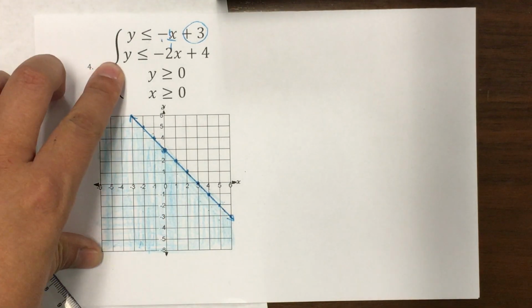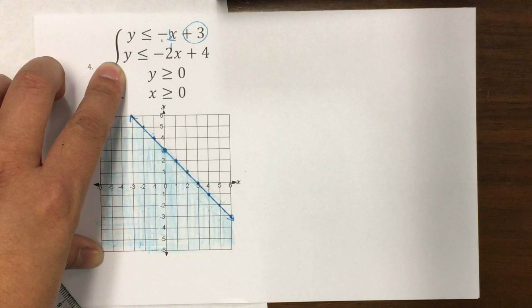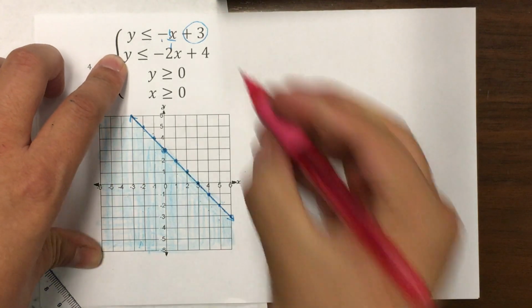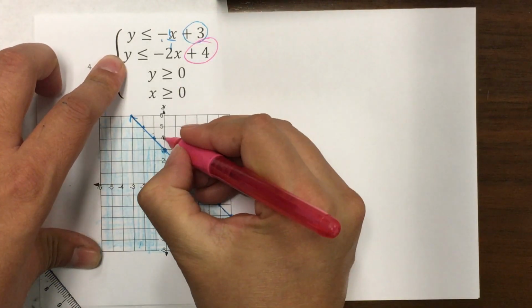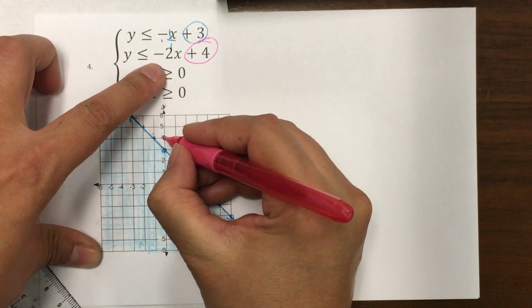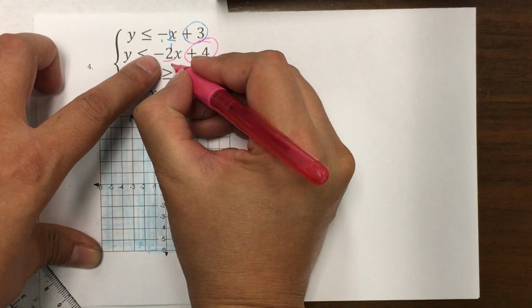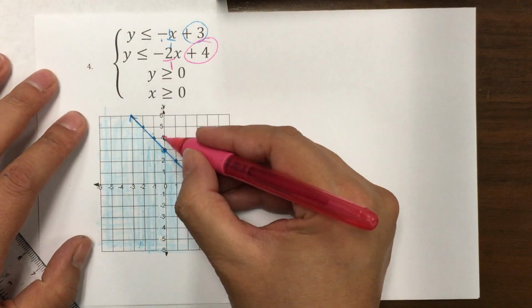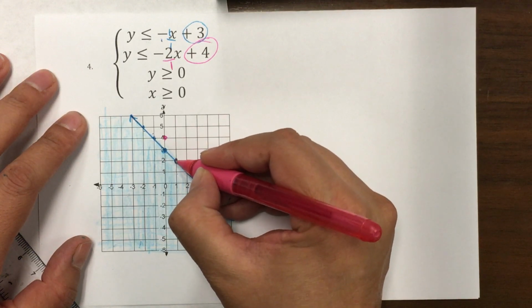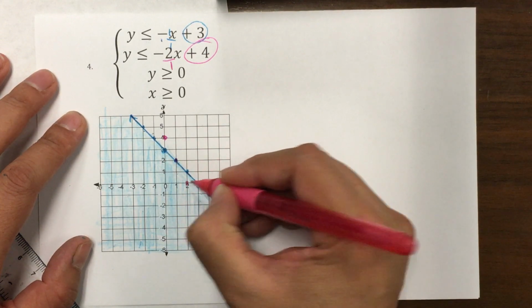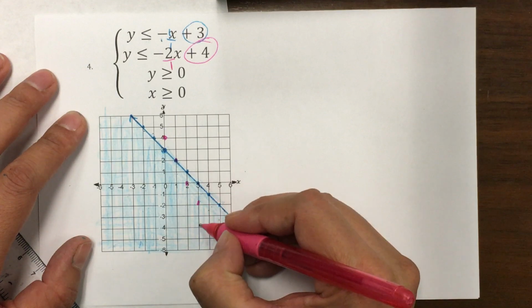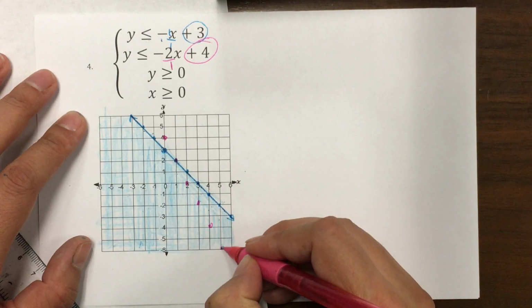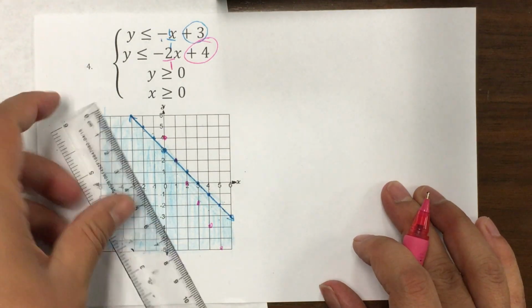Then we have, let me do pink. Initial point. The rise is -2, the run is 1. So it goes down 2, 1 to the right, 2, 1 to the right, and so on. Okay.